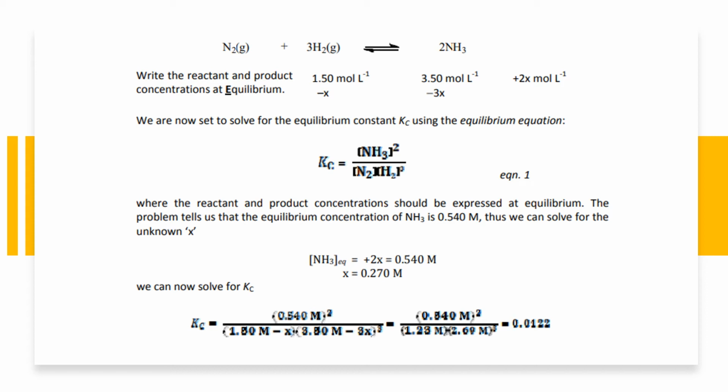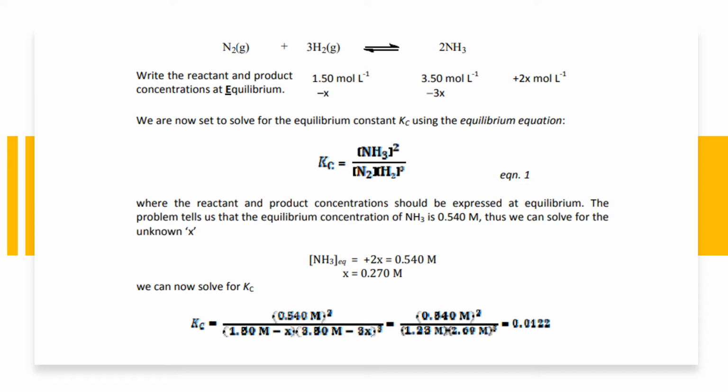The problem tells us that the equilibrium concentration of NH3 is 0.54 M. Thus, we can solve for the unknown x. So, we will say NH3 is equal to plus 2x, which is equal to, as given in the question, 0.540 M. Solve for x, you'll get the value 0.270 M. Then you're going to substitute x into the equilibrium concentrations.